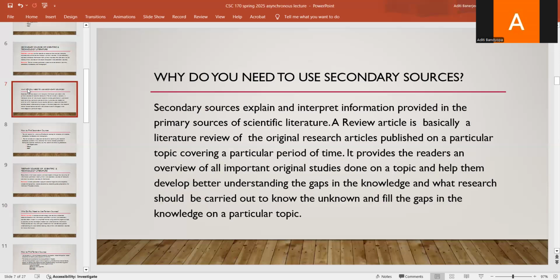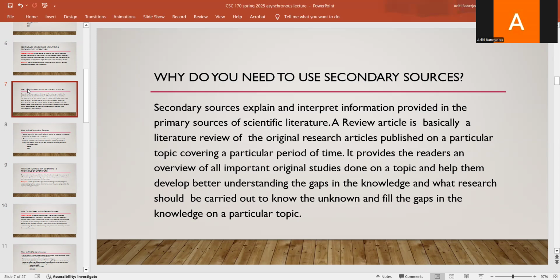Why do you need to use secondary sources? Secondary sources explain and interpret information provided in the primary sources of scientific literature. A review article is basically a literature review of the original research articles published on a particular topic covering a particular period of time.